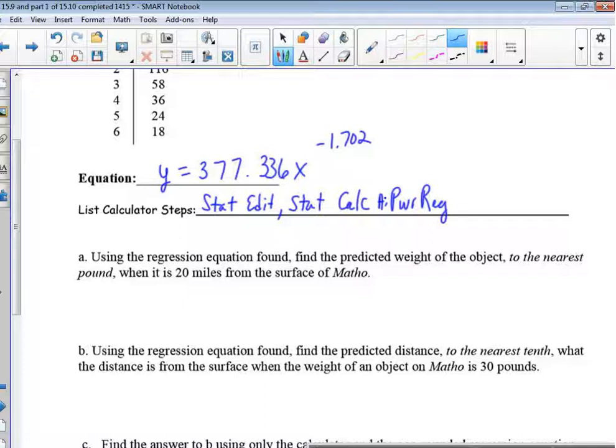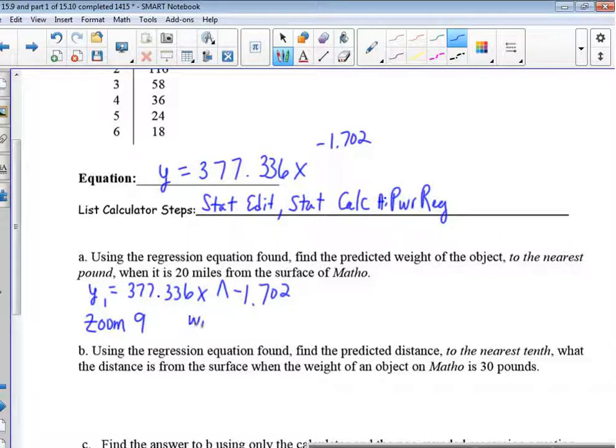So, again, what I did there was I went and I got my stat plot. So I went to y1 and I typed in 377.336x caret negative 1.702. And then I did Zoom 9 to take a look at it.